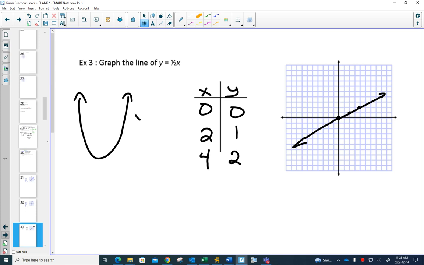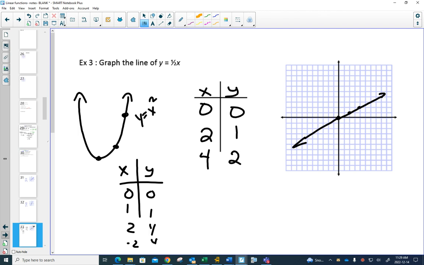The equation for that shape is this, or some version of it, y equals x squared. Because if you plug in 0, you would get 0. If you plugged in 1 squared, you get 1. If you plugged in 2, it would already go up to 4. If you plugged in -2 squared, it would still be positive 4. And you get this U-shaped graph.